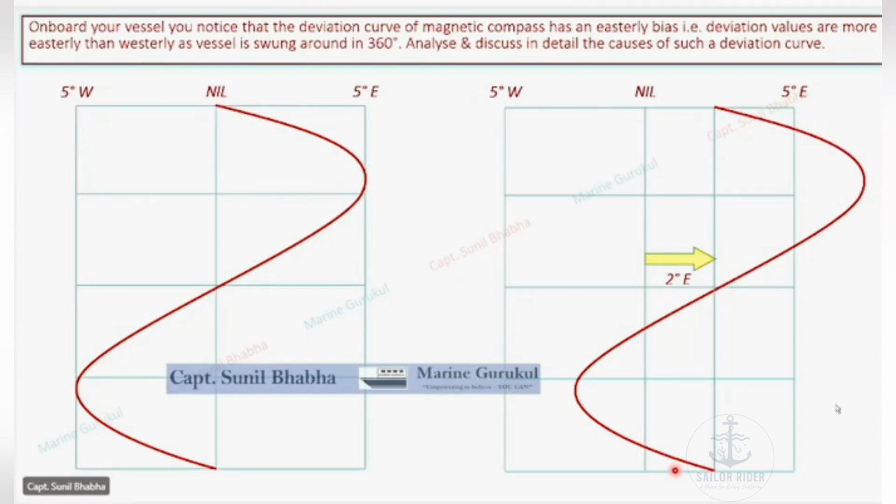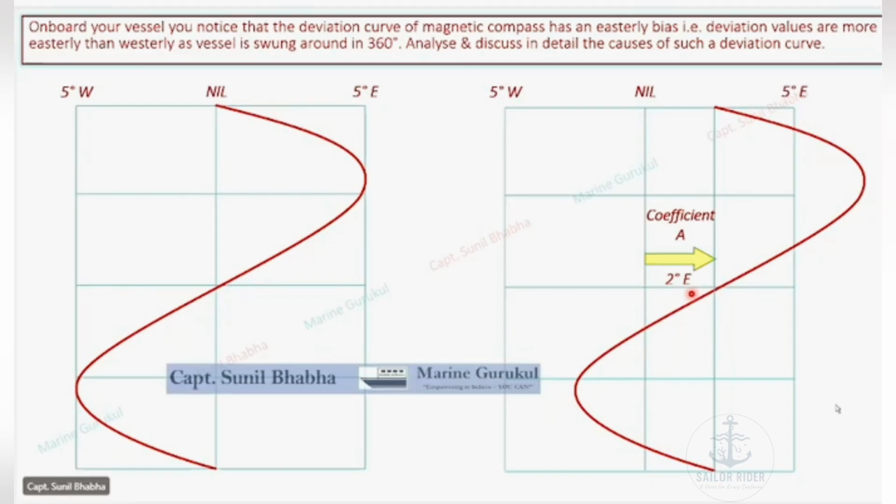We know of all the coefficients, there is one coefficient which is constant, does not depend upon the heading of the ship and remains constant over all the headings, and that is coefficient A. So this is the coefficient which is present in this particular ship, coefficient A. It has a value of 2 degrees east, and this coefficient A, if it is present on a ship, is usually not shown in the deviation curve.